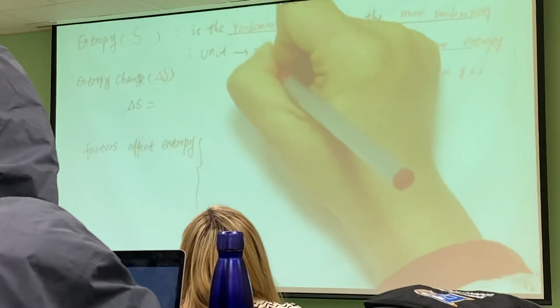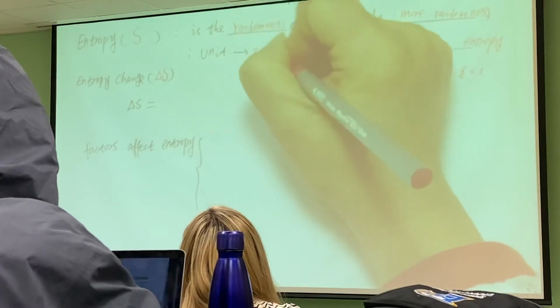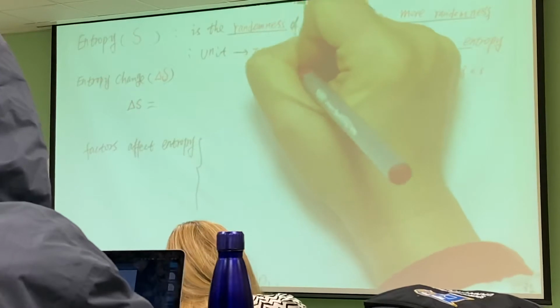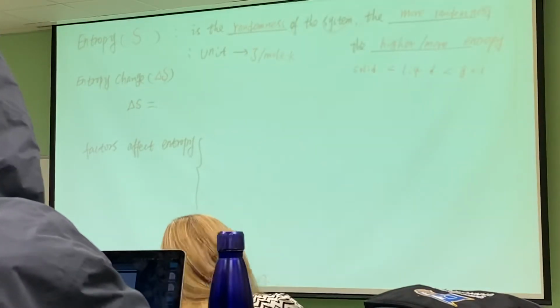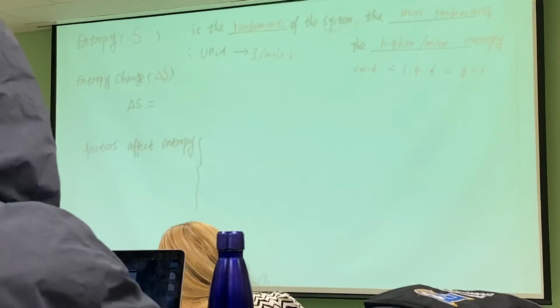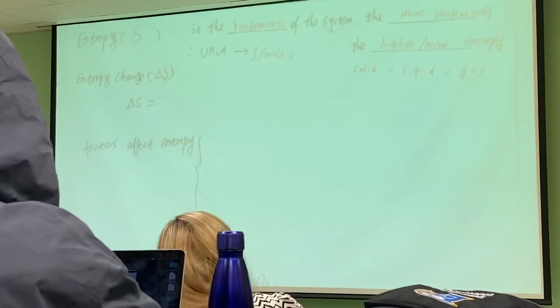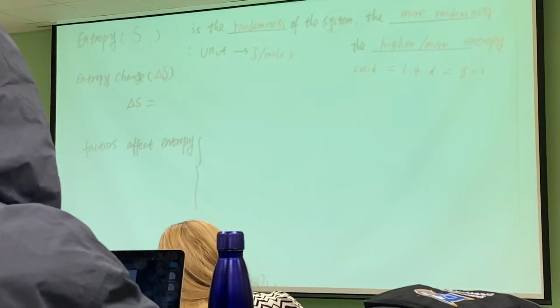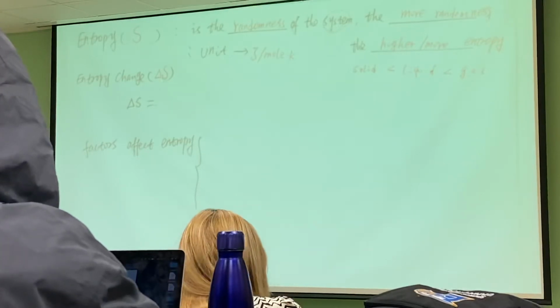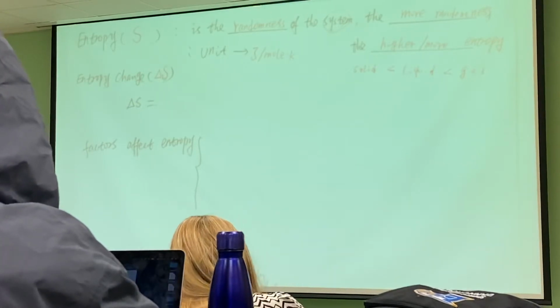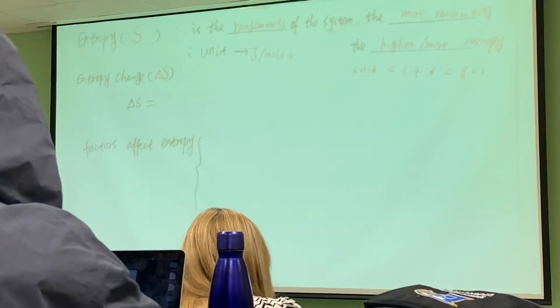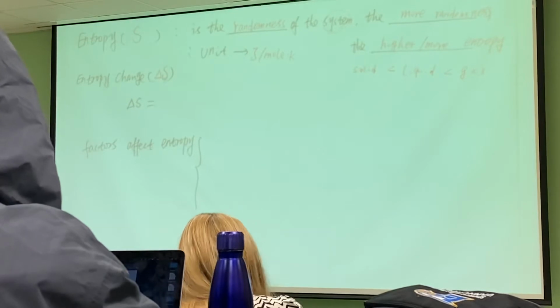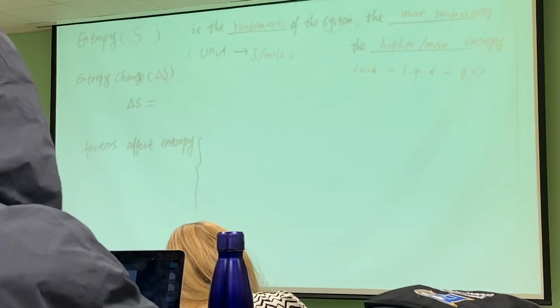It's joule per mole per K. Okay, so that is the unit for entropy. So keep in mind, enthalpy we have kilojoule, but entropy we always use joules because it's usually a smaller number. Okay?